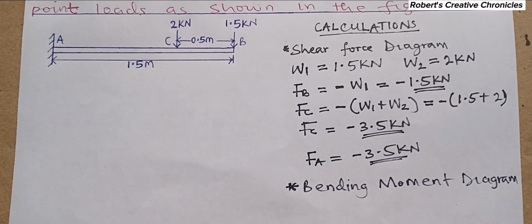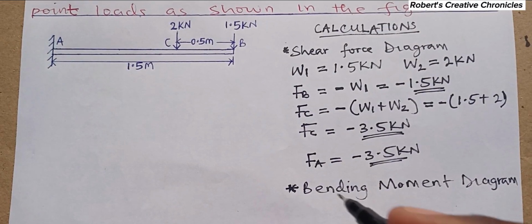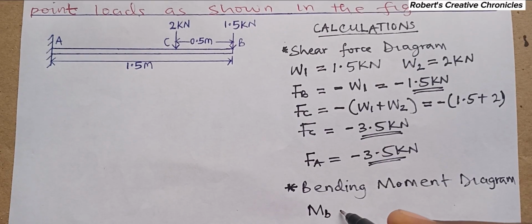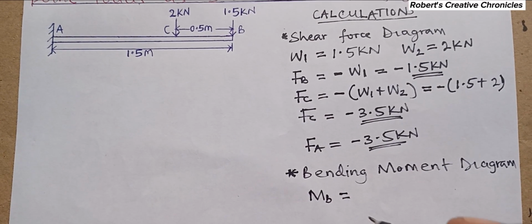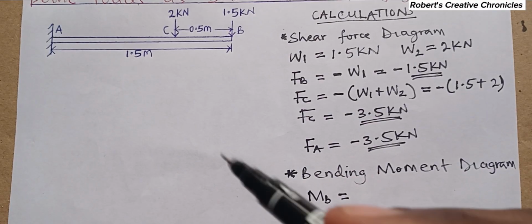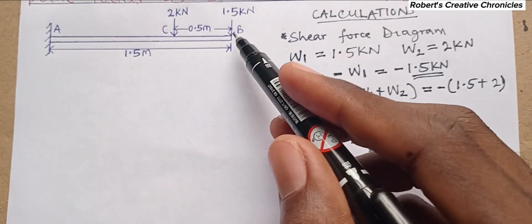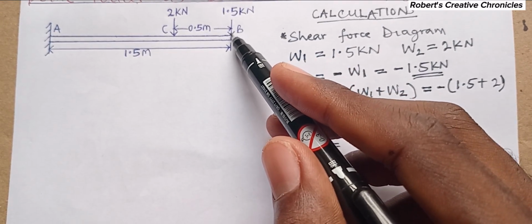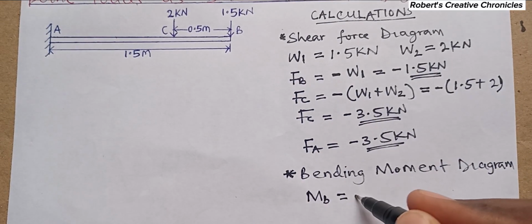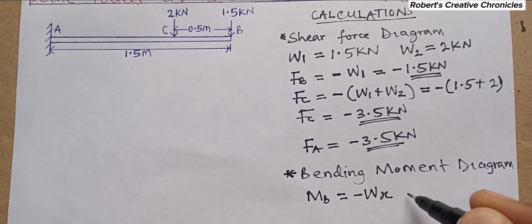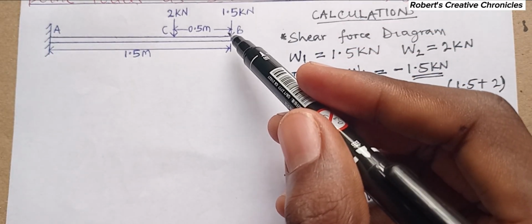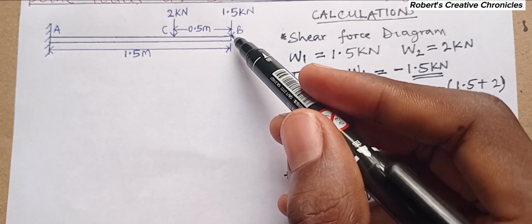So we'll start with the bending moment at B, MB, with M to represent our bending moment. At this point, the moment is negative Wx. We know that at this point, x is 0, the distance is 0.